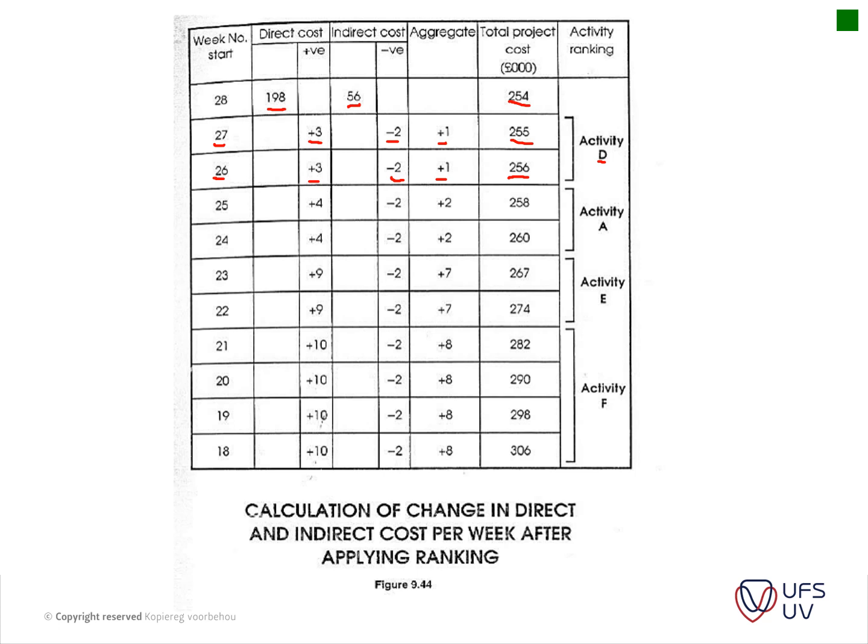Okay, then we look at activity A. If we reduce it by 1 week, here we add 4,000 pounds and we subtract 2,000 for our indirect costs, and then we've got an aggregate of 2, and 250,000.